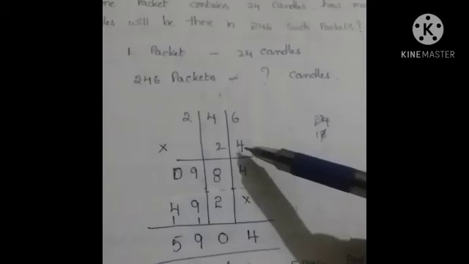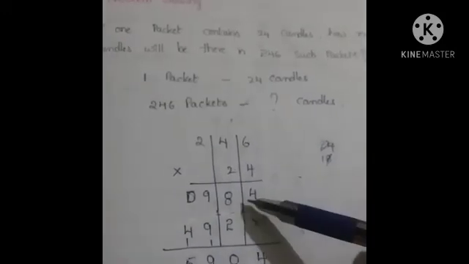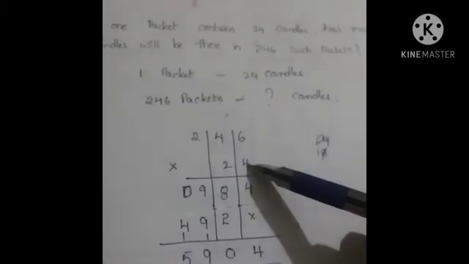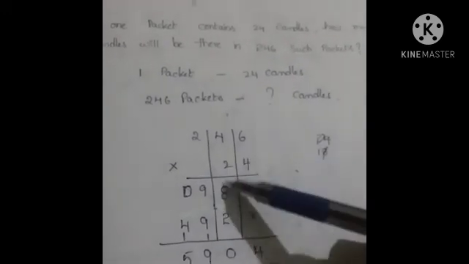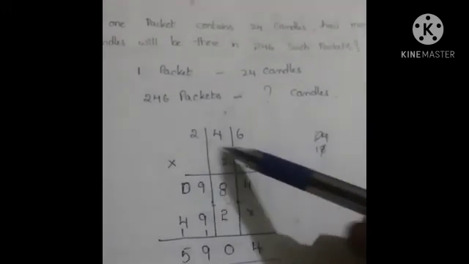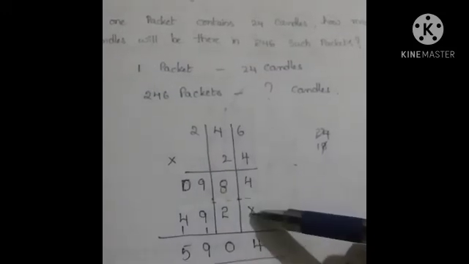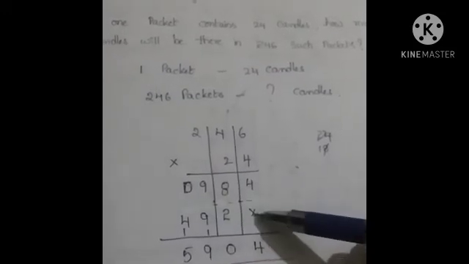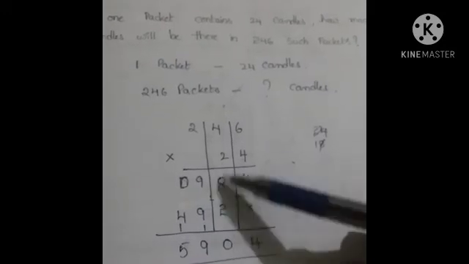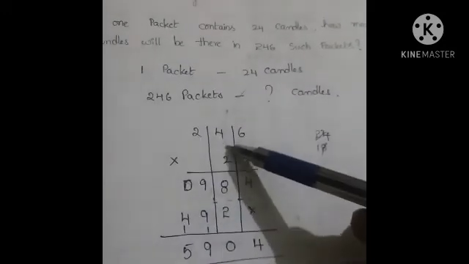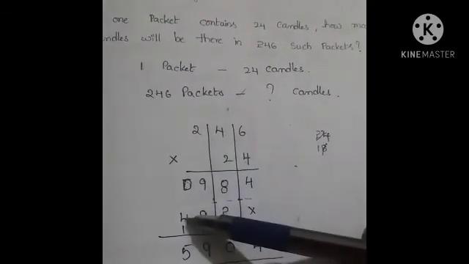Here the ones place digit is 4, no? 4 sixes are 24. 4 right here, 2 carry. 4 fours are 16, 16 plus 2, 18. 8 right here. 4 twos are 8, 8 plus 1, 9. Then the tens digit. So here we have to leave the ones digit place. 2 sixes are 12, 2 right here. 2 fours are 8, 8 plus 1, 9. 2 twos are 4, directly write 4.